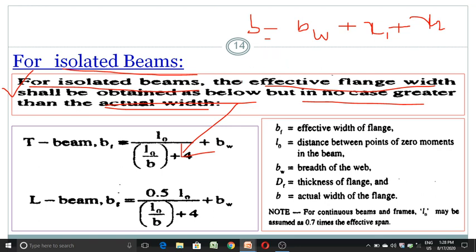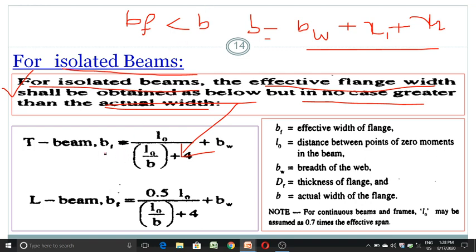In no case should the effective flange width obtained from these formulas be greater than this value. So finally, our BF, the effective width of the flange, should be less than the actual width of the beam.